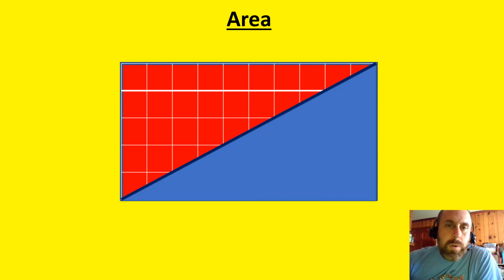So now, when we're dealing with a triangle, we have a couple of different terms that we use. We don't call it a length and a width. Instead, when we're dealing with the area of a triangle, we still have a 10-foot by 5-foot figure, but instead of length and width, we call it the base, and that's going to be the bottom part of our rectangle. So that's going to be this area right down here.